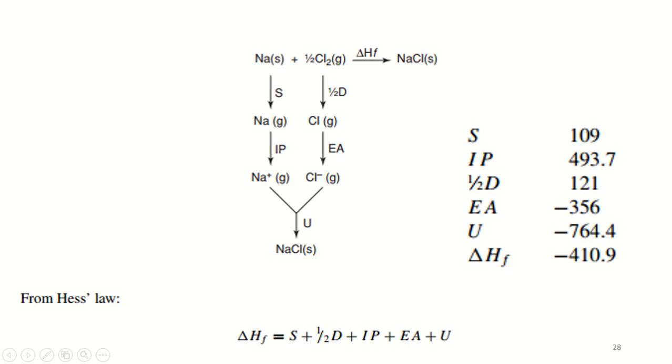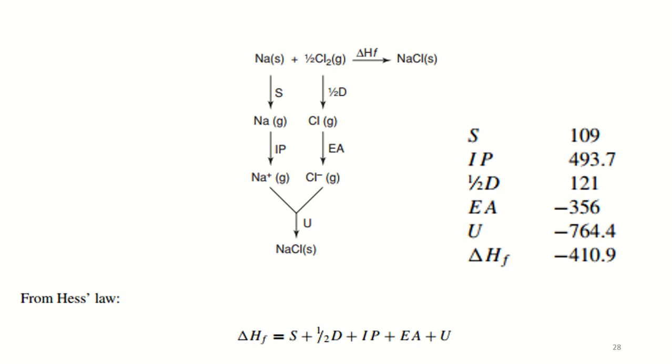The values should be in kilojoule per mole for sodium chloride, which are as follows. This is the sublimation S, IP 493, the dissociation 121, and electron affinity, and U, which is the lattice energy, and delta heat of formation.